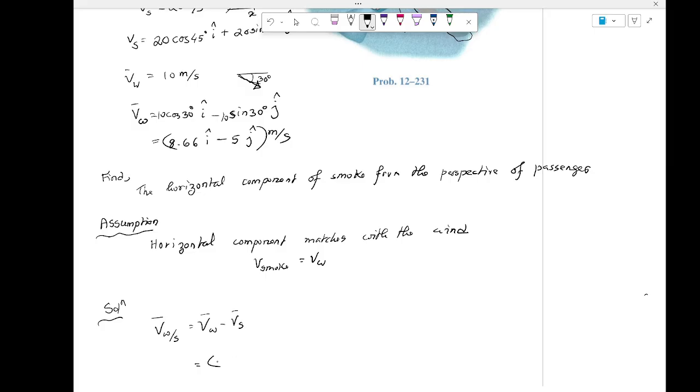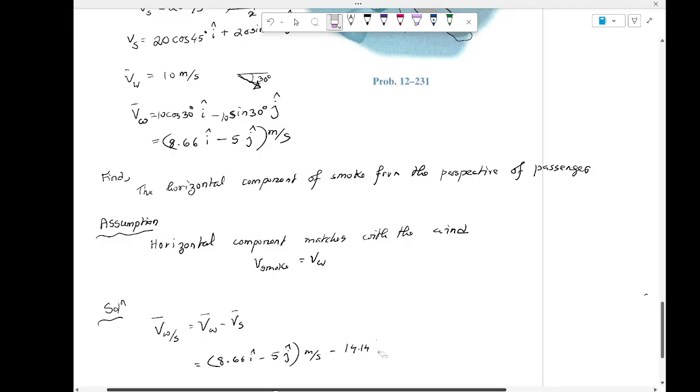So let me quickly give you the result: 8.66 i. In the meantime, you can think about it a little bit more. Meter per second. You have this 14.14 i plus 14.14 j.